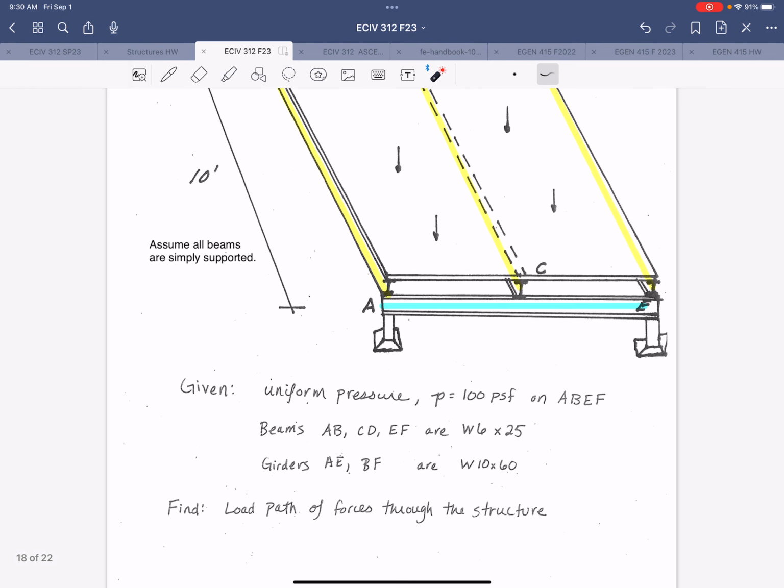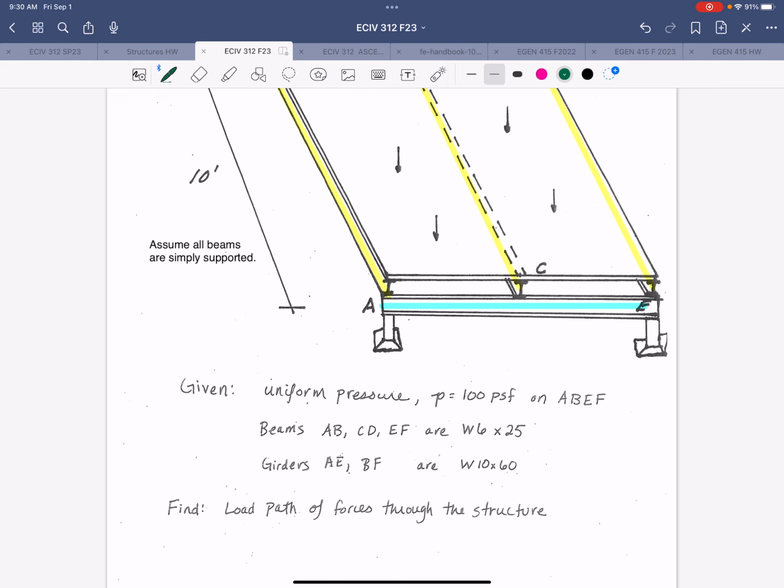So back to this example then, we have a uniform pressure of 100 psf over the surface area, and we are given the sizes of each beam. The cross beams that directly support the floor are W6 by 25s, and the girders are W10 by 60.